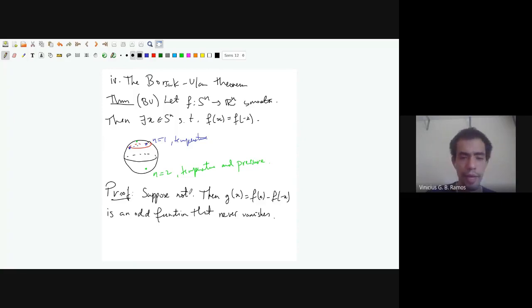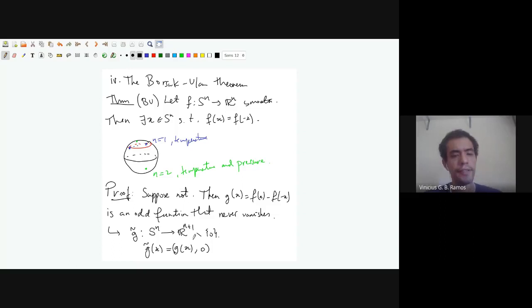Okay? So now this gives rise to a function g tilde that goes from S^n to R^(n+1) and that misses the 0. The function g tilde is just (g(x), 0). Okay, but because g never vanishes, this g tilde never vanishes.